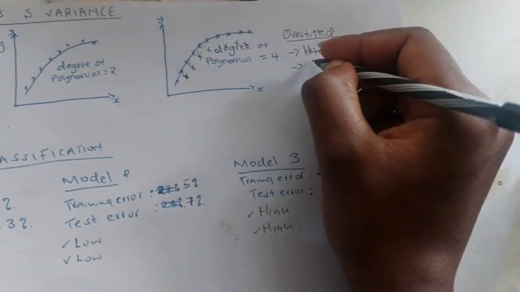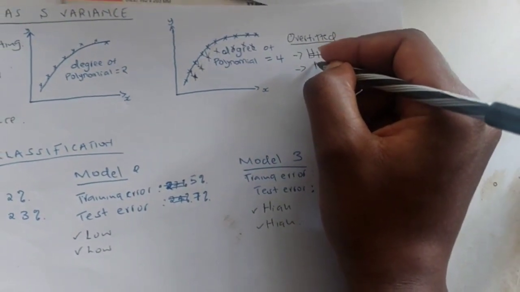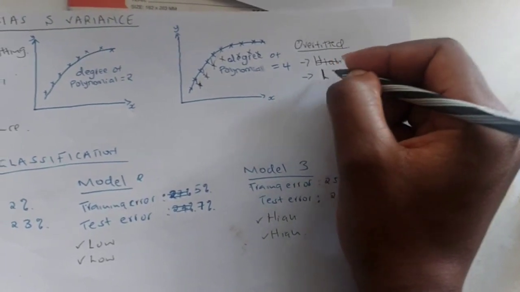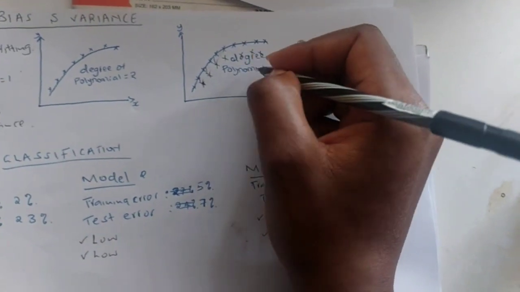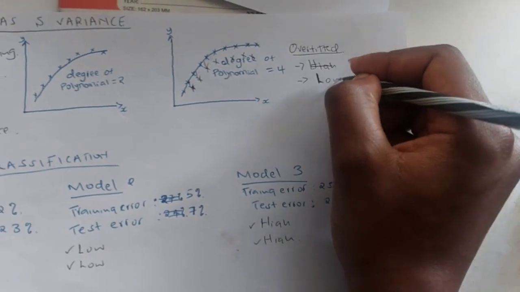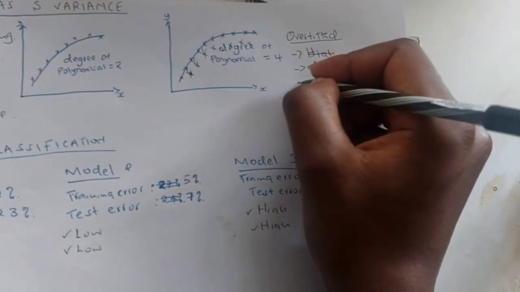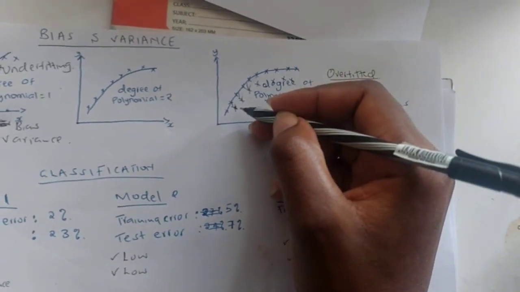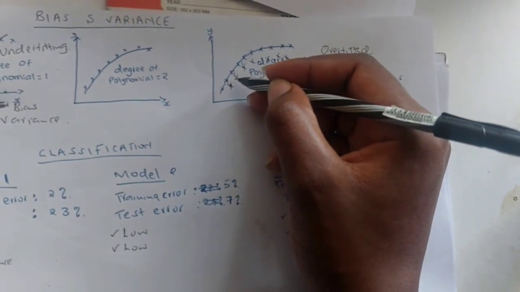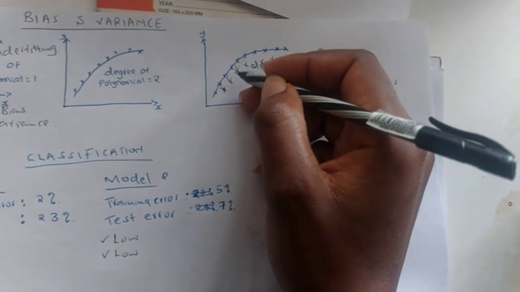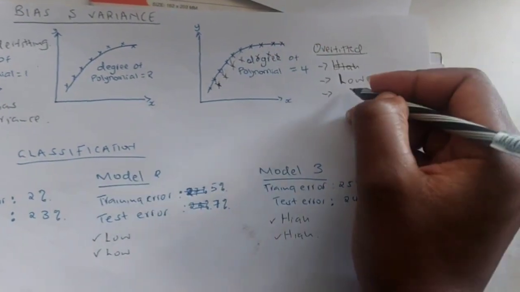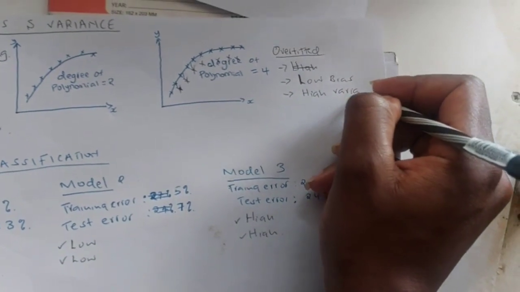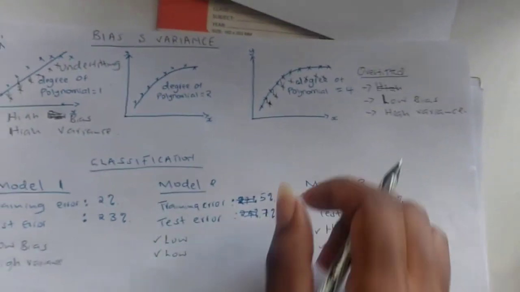We have said that bias means that it is an error of the training dataset. Since this one has a low error in the training dataset, we'll say that it has a low bias. But in the test dataset, when we introduced the new points, it had a very high error. So we'll say that it has a high variance. Okay?